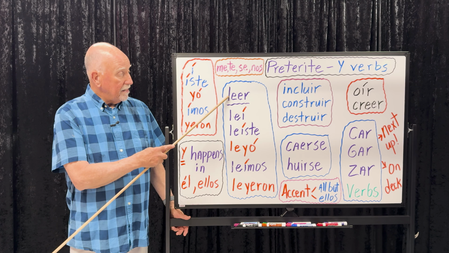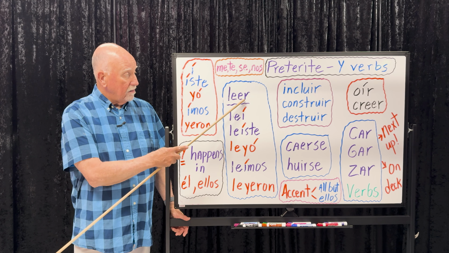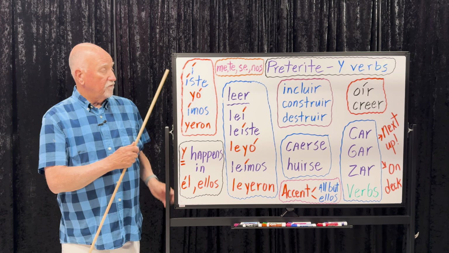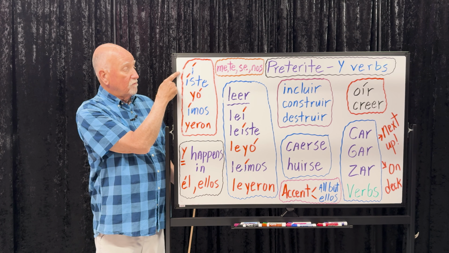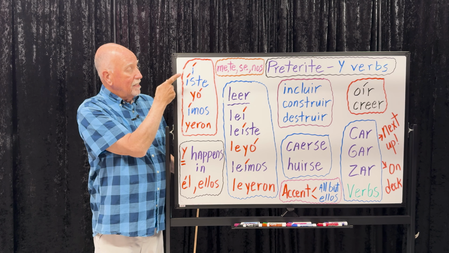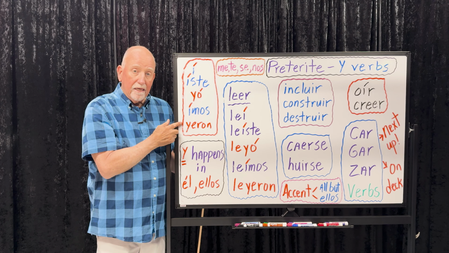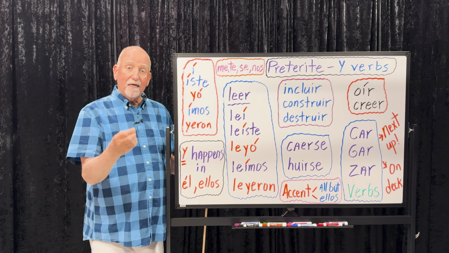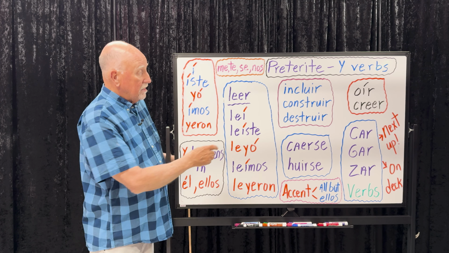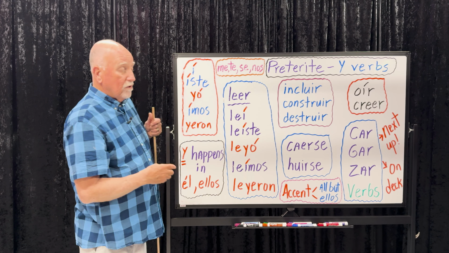All right, let's take incluir. What do we do with leer? Well, we got rid of the ER and we took the LE and we put it in front. Imagine you see an LE here with my finger. Leí, leíste. Say the verb stem. Leíste, leyó, leímos, and leyeron. Overemphasize it and you'll get it. All right, so with incluir, what's our verb stem?